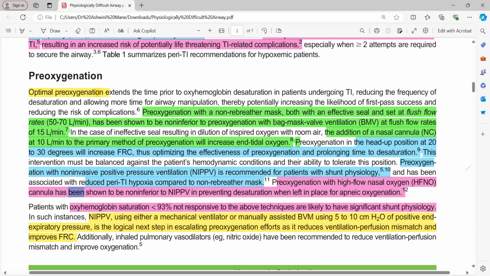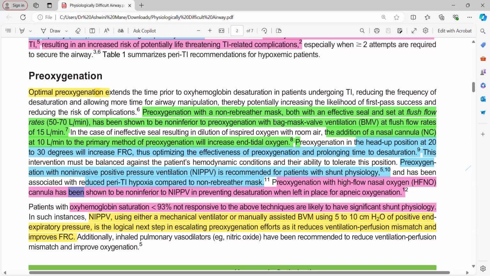Another thing that we need to consider while pre-oxygenating the patient is to give a head up position of at least 20 to 30 degrees to increase the functional residual capacity. This intervention may be balanced against the patient's hemodynamic condition and their ability to tolerate this position.